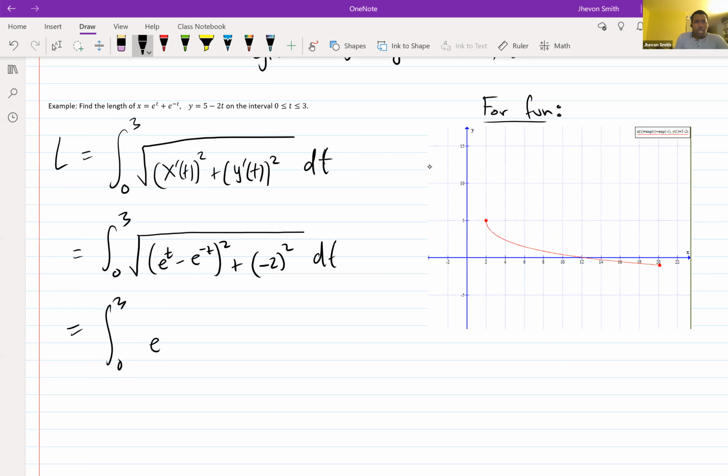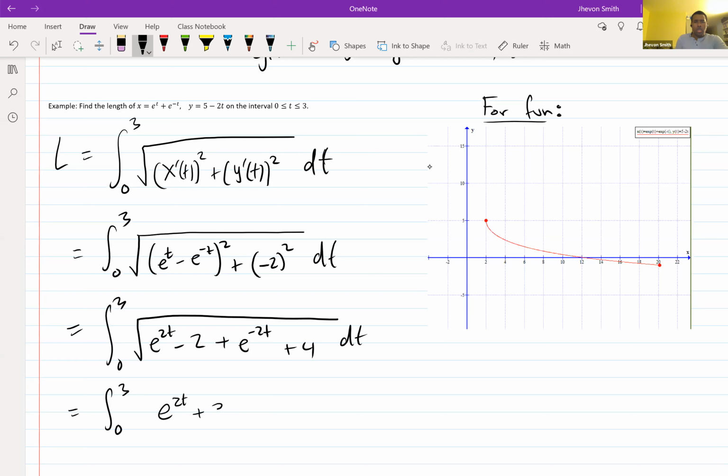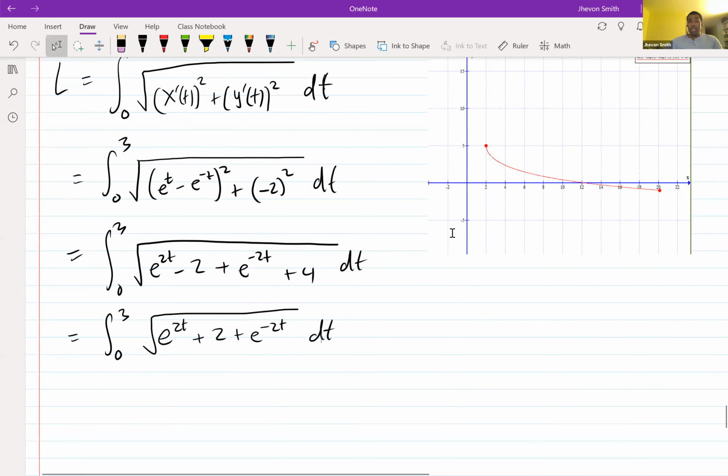So this will be e to the 2t times 2 plus e to the minus 2t plus 4. All right, now, did you get that far? If not, pause the video and try to do it from this point.